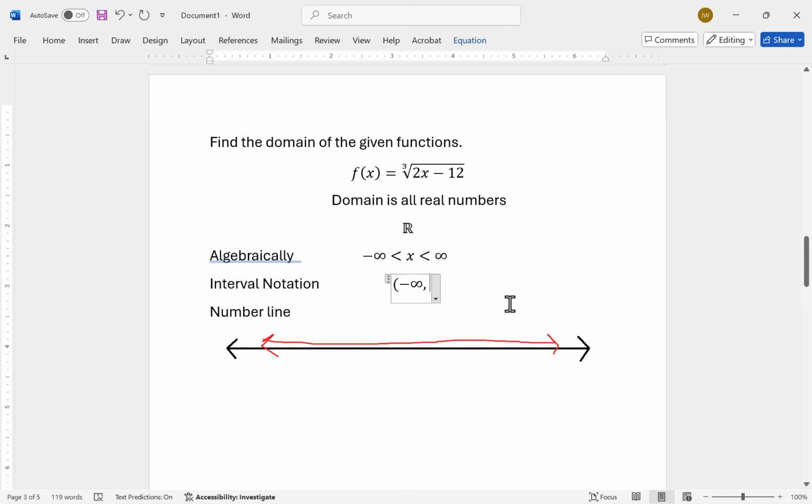So interval notation says that I can go from negative infinity up to positive infinity. And because I can't touch either a negative infinity or a positive infinity, I'll put parentheses around the whole thing.